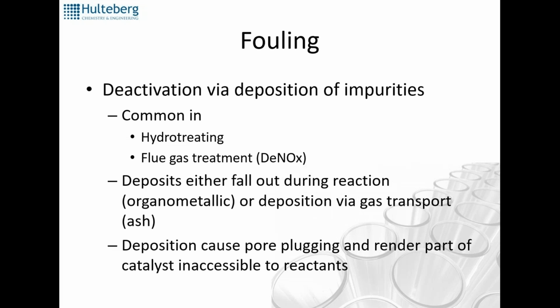So if you have organometallics, you will react these organic metals to their hydrogen counterpart and leave the metal on the surface. Or you can deposit ash via gas transport. The deposition will cause pore plugging, and of course, again, you will have part of the catalyst that is non-accessible to reactants.